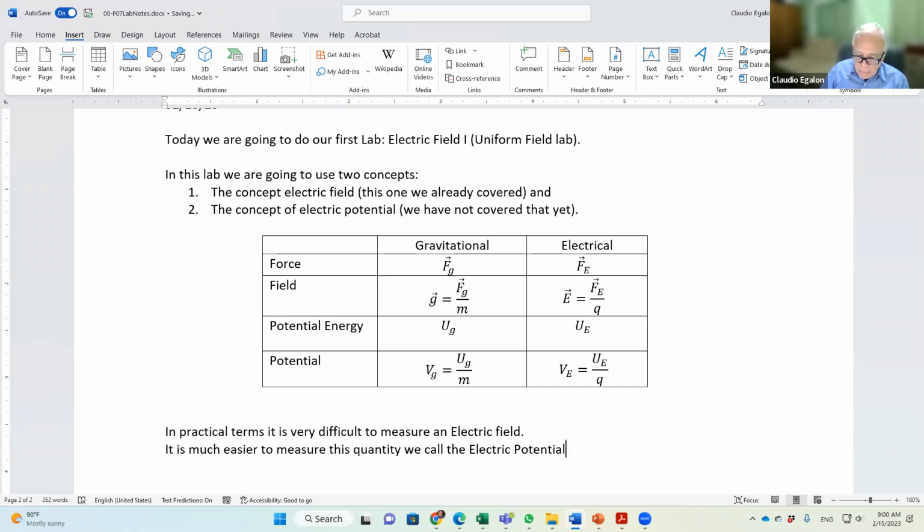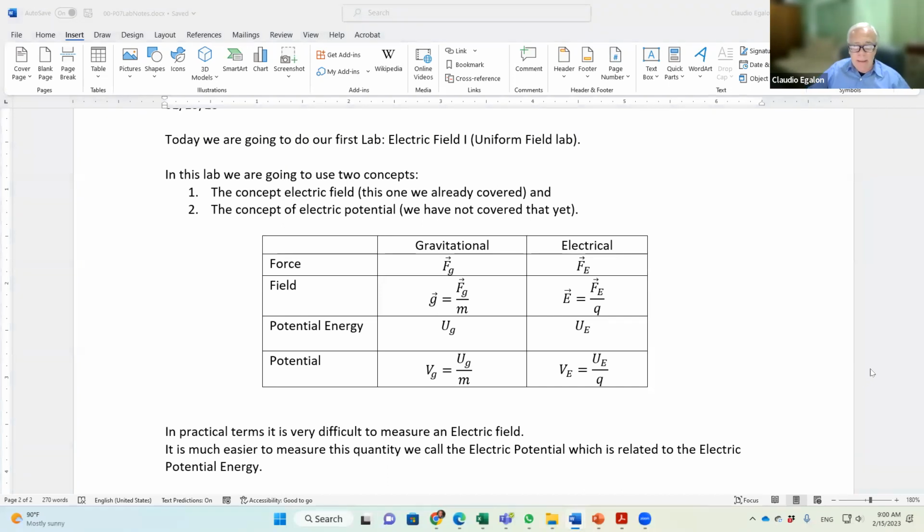And remember, the electric potential is related to the electric potential energy, so there is a relationship between the two. The way to measure an electric potential is with a voltmeter; there are all sorts of devices that we can buy. The electric potential is measured that way.